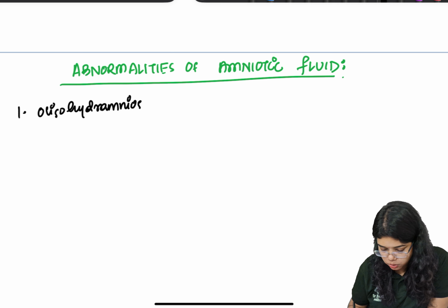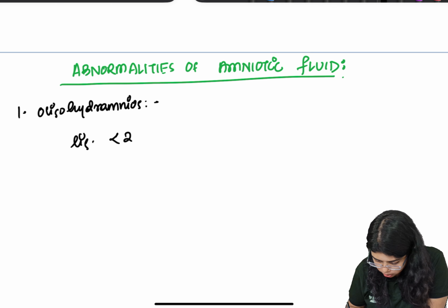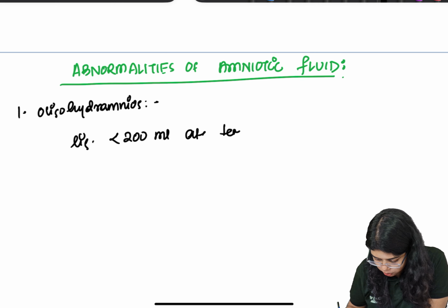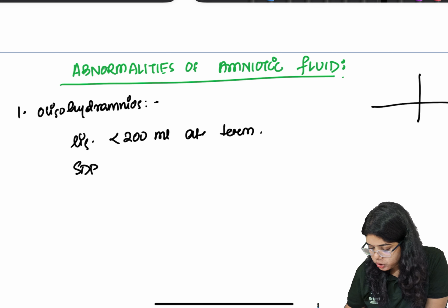Oligohydramnios means when the liquor is less than 200 ml at term, or when the STP is less than the cutoff. Let this be the maternal abdomen, we are seeing the 4 quadrants.